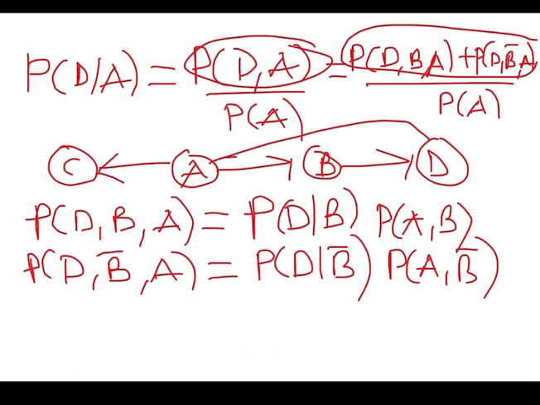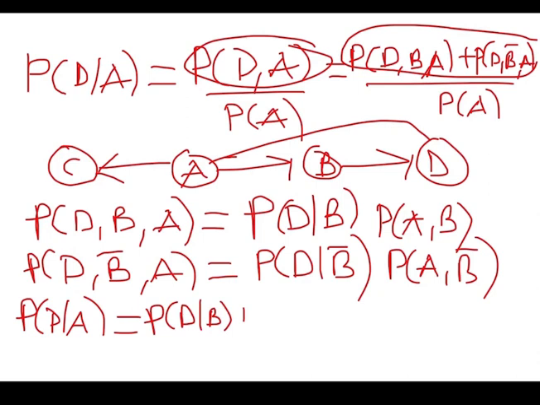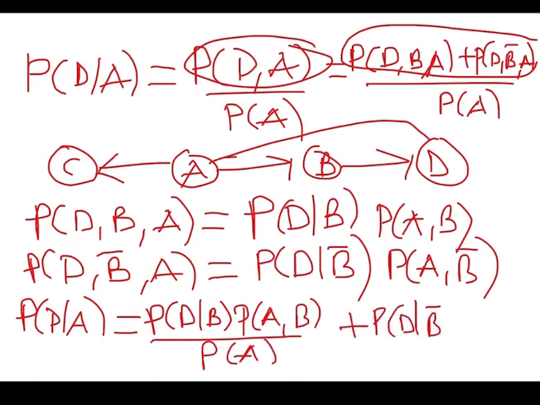So when you take a look at what I have right now, if I write my probability of D given A, it's going to be the probability of D given B, times the probability of that, divided by the probability of A, plus the probability of D given B bar, times the probability of that, divided by the probability of A.